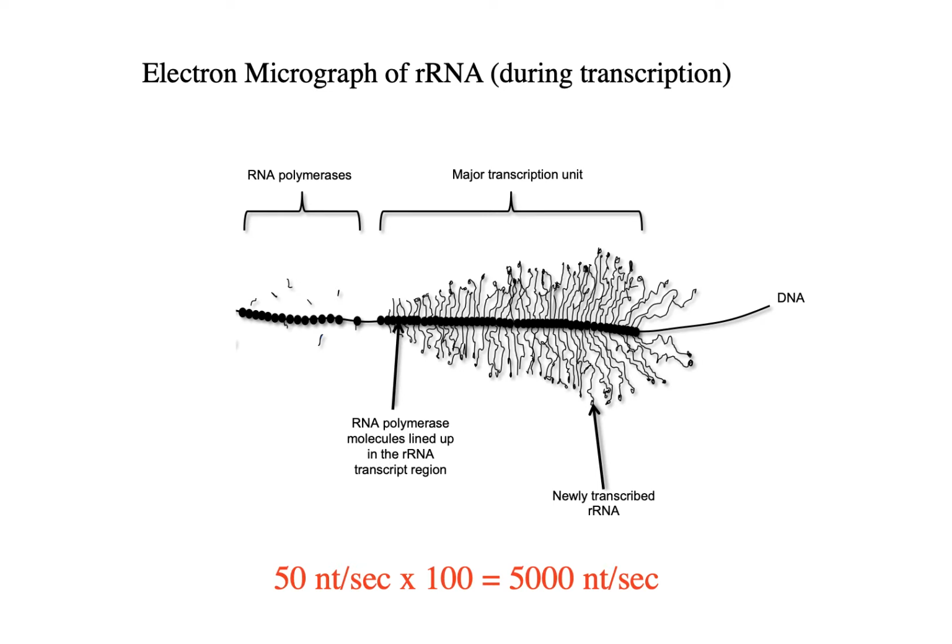This is enough so that it can replicate or divide every 20 to 40 minutes. Humans have, on average, about 200 copies per haploid genome, so 400 copies per diploid, and that's just enough to make a couple million ribosomes in about a 24-hour period.